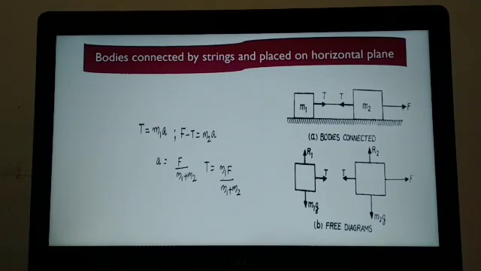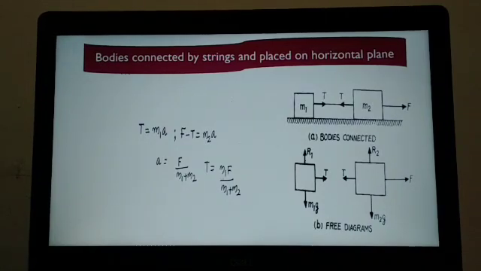And see, on m1, what are the forces acting? In the vertical direction, obviously m1g is acting in the downward direction, and R1 is acting in the upward direction. They will cancel off since there is no movement in the vertical direction. In the horizontal direction, only one force is acting, that is the tension, which is acting towards the right.